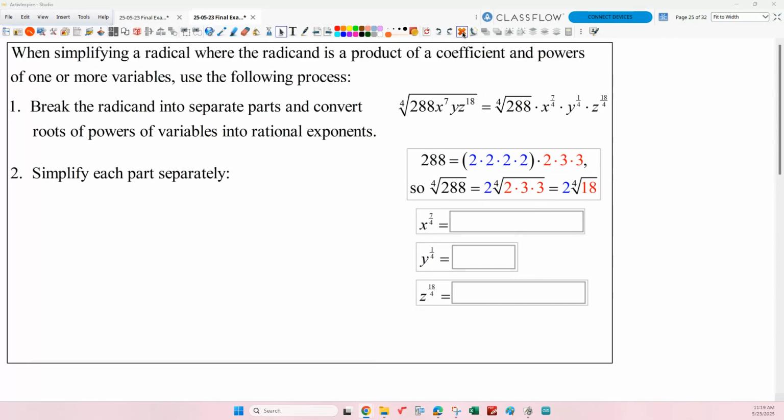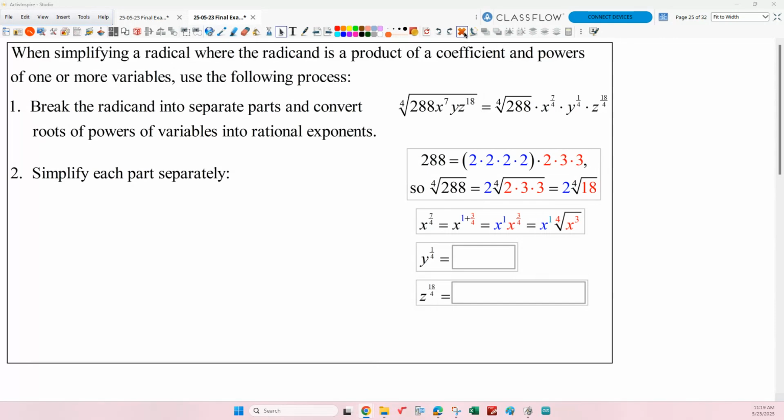Okay. And then what were we saying with variables? So that's where the mixed number comes in. We can take out the whole amount. So if we look at 7 over 4, we can take out a 4 over 4 or a 1. So we'd have x to the first power and then an additional 3/4.